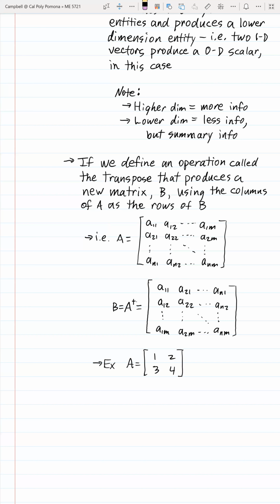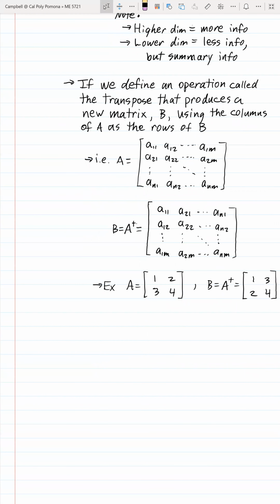And so, of course, B is equal to A transpose, which is equal to: 1 and 4 don't change their locations, but 3 and 2 clearly do. And there we go. So we go from a row of 1, 2 to now a column of 1, 2. We go from a row in A of 3, 4 to a column in B that is 3, 4. And there we go. We have our transpose.